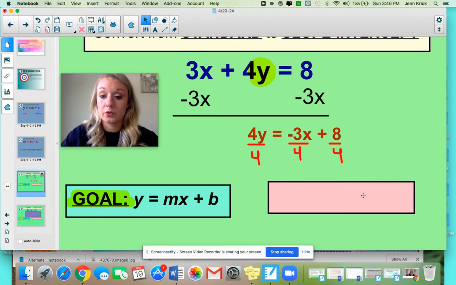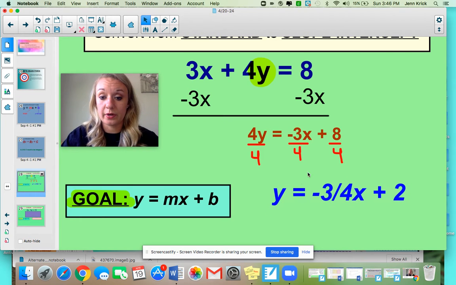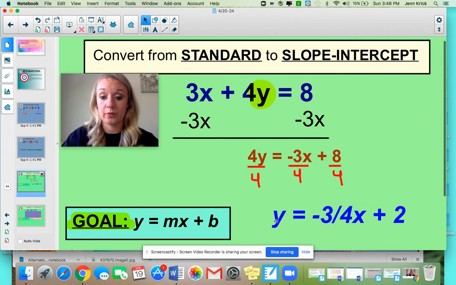Okay, so we divide every single piece by 4, and you should have y equals negative 3/4 x. We're going to leave that as a fraction. That's okay for slope-intercept form. And then plus 2, because 8 divided by 4 is 2. Make sure that you check that it is correctly in the form. You've got y, you've got your term with x, and then you have a constant. So this is a quick example to go from standard to slope-intercept.